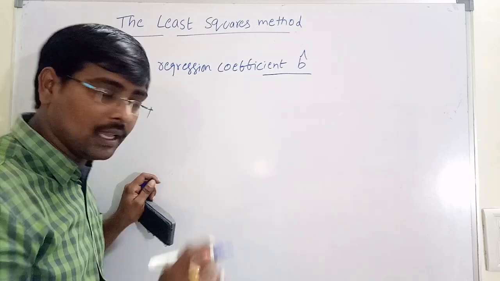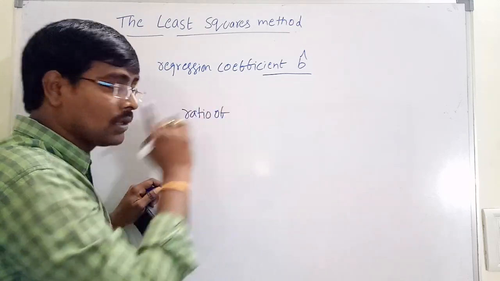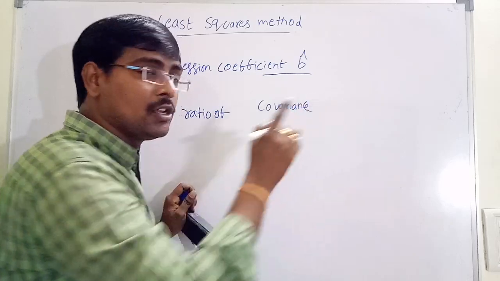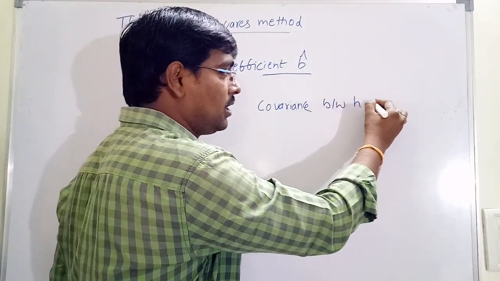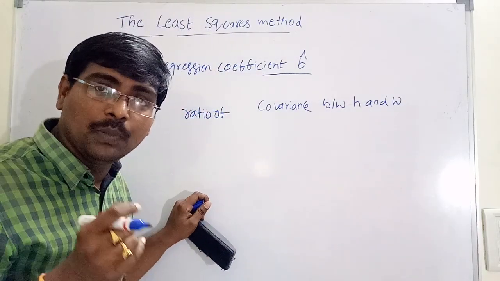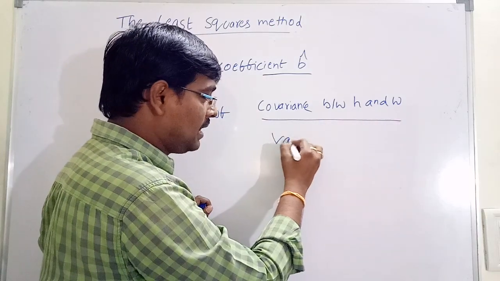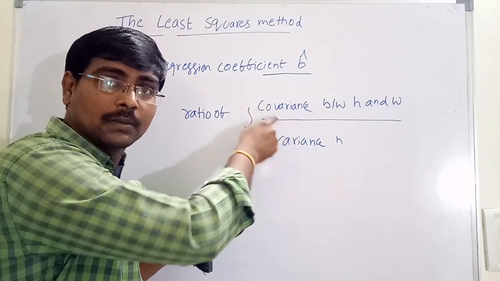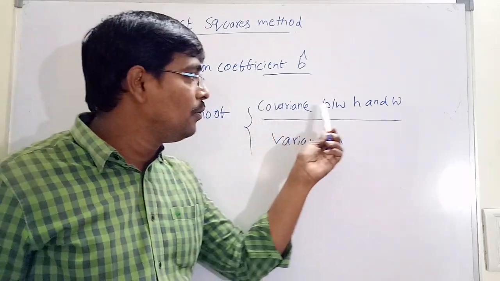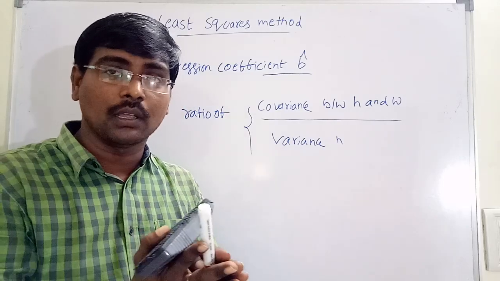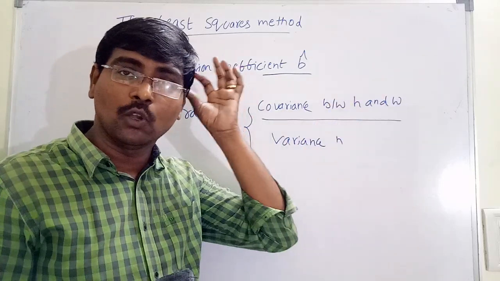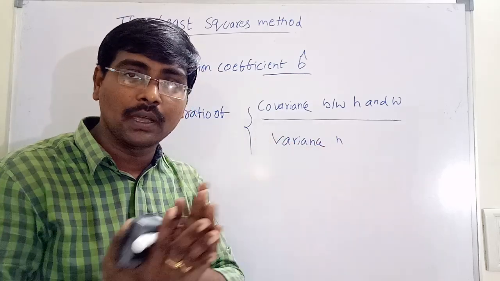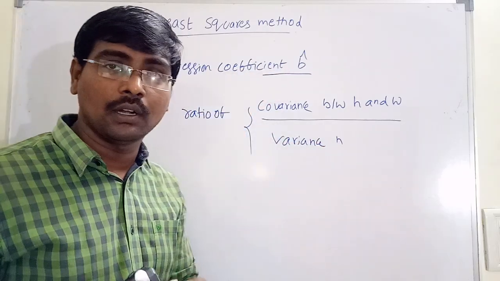Remember, the regression coefficient is the ratio of the covariance between H and W to the variance of H. By equation, B cap is equal to the sum over i equal to 1 to n of (Hi minus H bar) into (Wi minus W bar), which is the covariance between H and W, divided by the sum of (Hi minus H bar) squared, the variance. This is the regression coefficient.